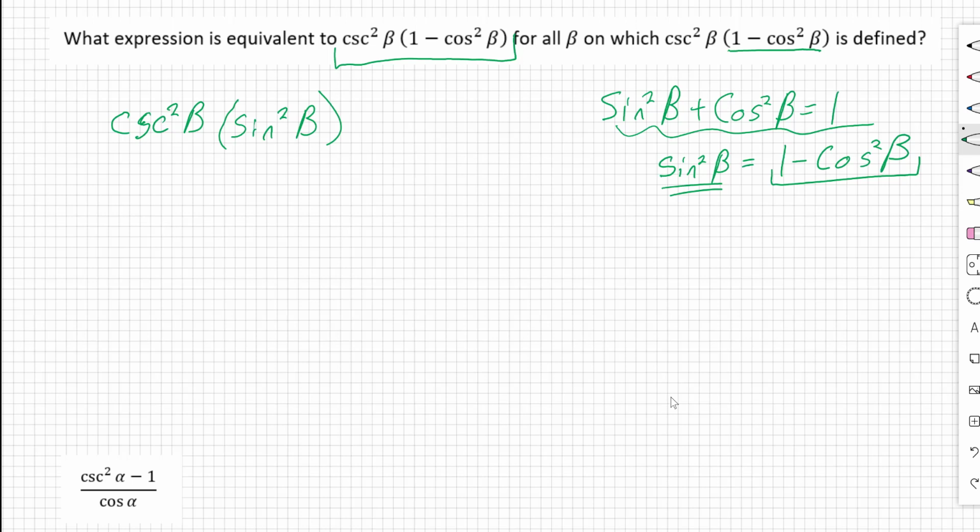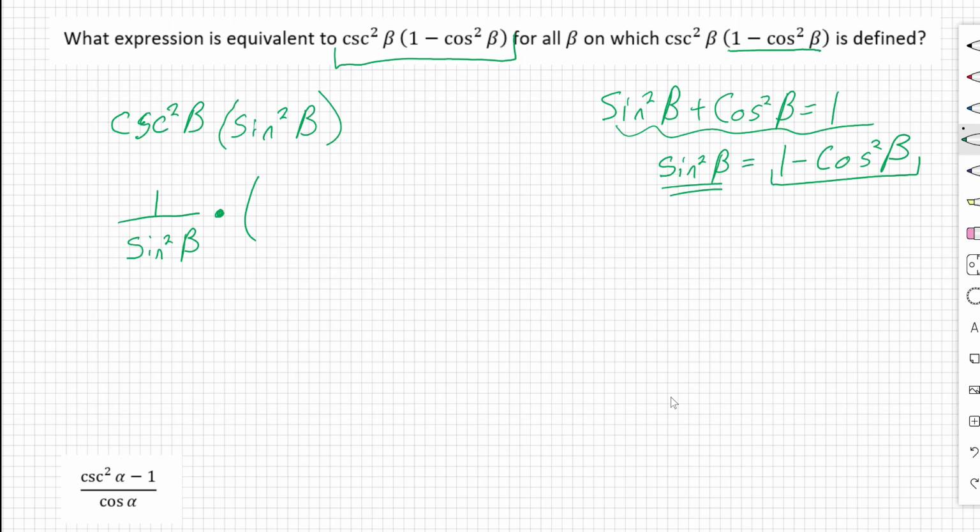One other possibility that we can use when we're trying to simplify things is to write our expressions in terms of sine and cosine. Now cosecant beta can be written as 1 over sine beta. So cosecant squared of beta would be 1 over sine squared beta.